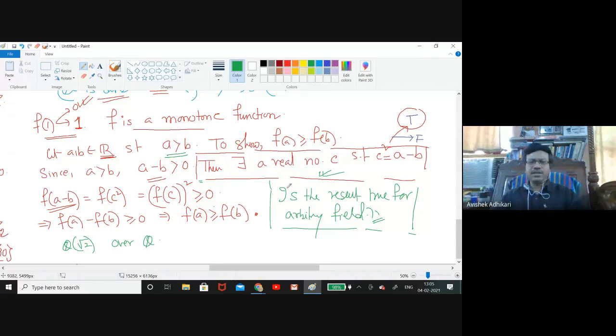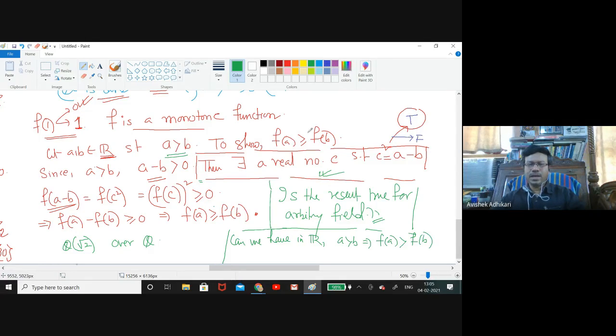Now my question is, with the same argument, or with some condition, can we also have a strict inequality? That is, can we have, in R, A greater than B implies f(A) strictly greater than f(B)?